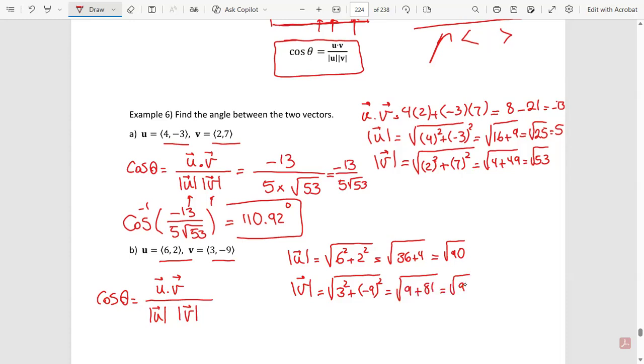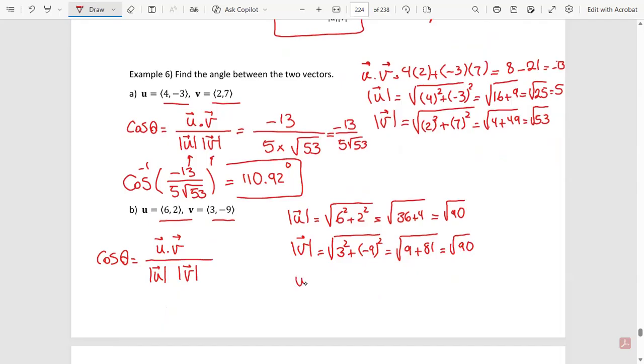Okay, find the dot product. Multiply the horizontal components, multiply the vertical components, and then add them together. 6 times 3 is 18, 2 times negative 2 is negative 18, and 18 minus 18 is 0. If I replace them into the formula, we get 0 over square root of 40 times square root of 90.